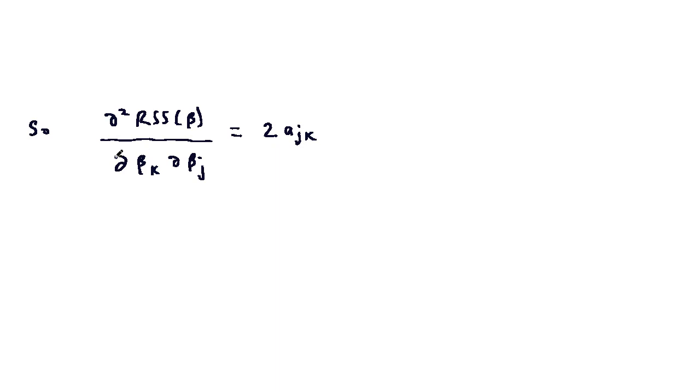The matrix of second derivatives of RSS of beta is 2 x transpose x. This matrix is called the Hessian.